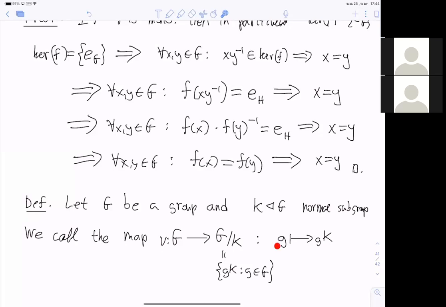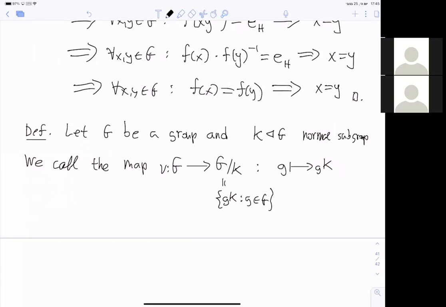You take some element k in the kernel K, so little k K is K, of course. So in general, you lose information here. You cannot go back. Can you show an example after the definition? Yes. Okay.